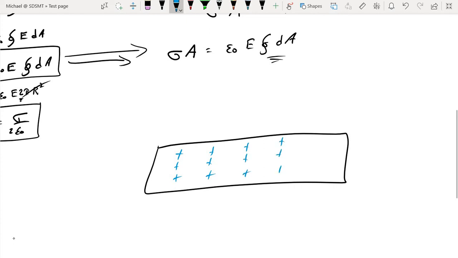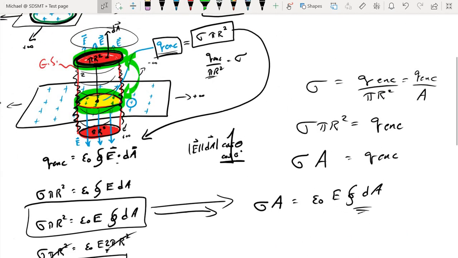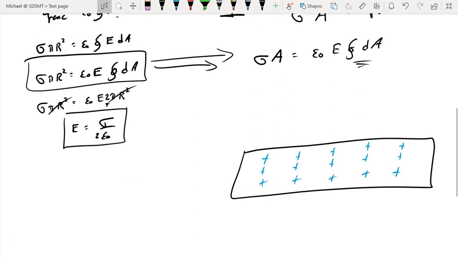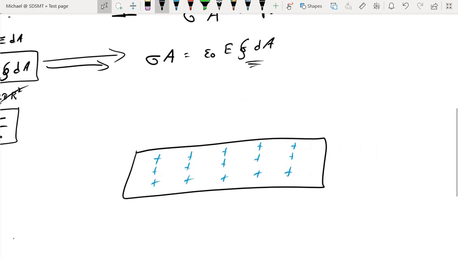And so just to show you what I mean, previously here we sampled this infinite sheet using a circular sample of charge. But what if we were to instead take a rectangular sample of charge?